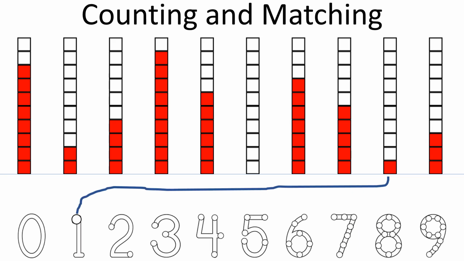So instead we can start to practice drawing the digits, and also when we're doing our counting we can match the quantity of objects with the digit. And you can see here we've got the digit 1 is matched with the stack of just 1 brick, and the children can join the numerals with the correct stack of bricks.